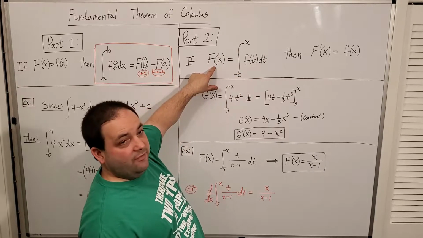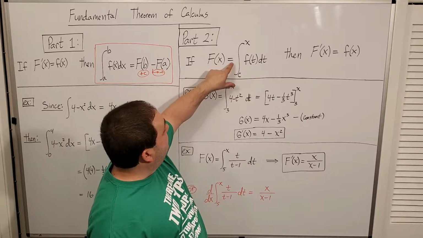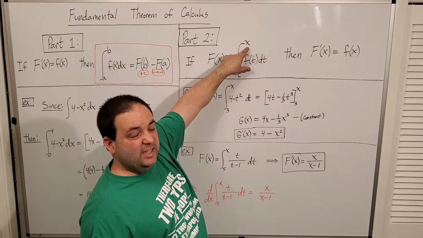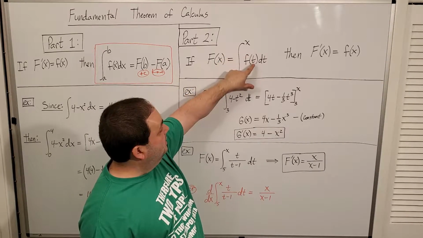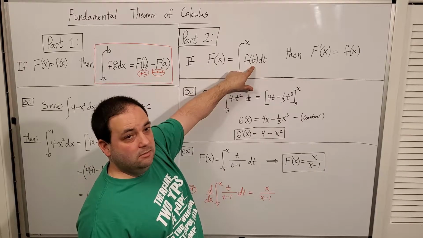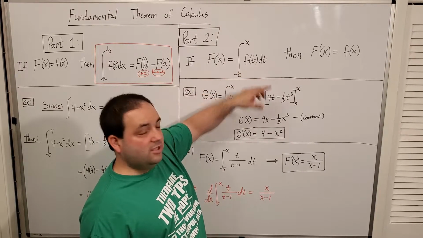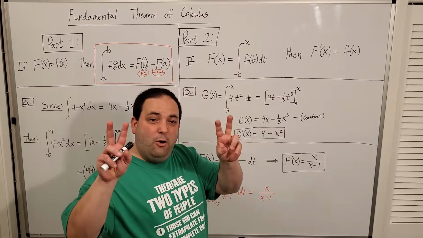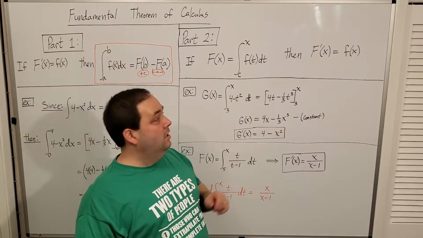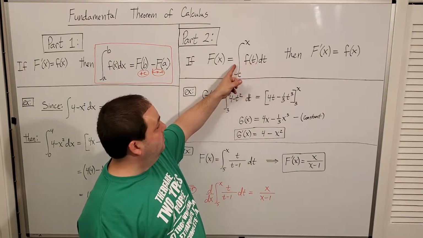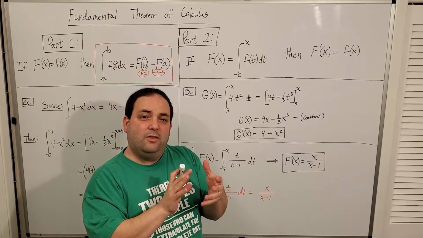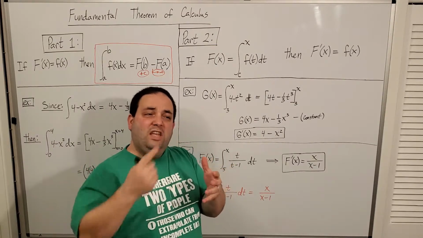If capital F of x is a function of x such that the x variable is in the integral limit, not in the f of t here. f of t is just our structure, and dt is our counter variable, kind of like with the summation. The dt is only there because I'm doing an integral. I need some variable to keep the integral together and to be my counter in the integral.